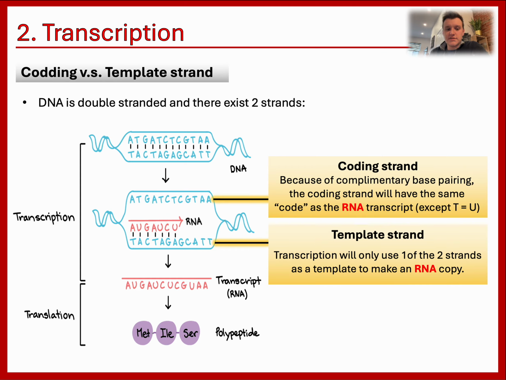So DNA is double-stranded, and there exist 2 strands when we talk about transcription. So here you have DNA, AT is always bonded, GC is always bonded, right? When we start transcription, we open up that bubble and we start making our RNA.